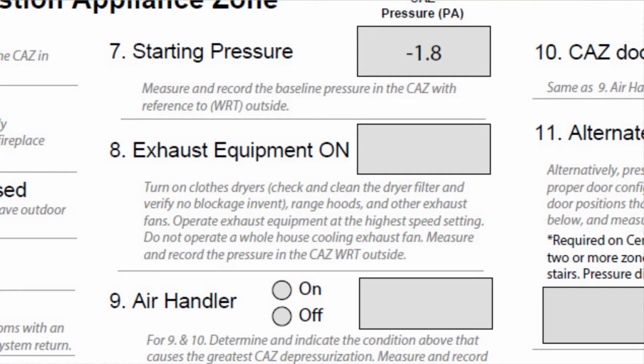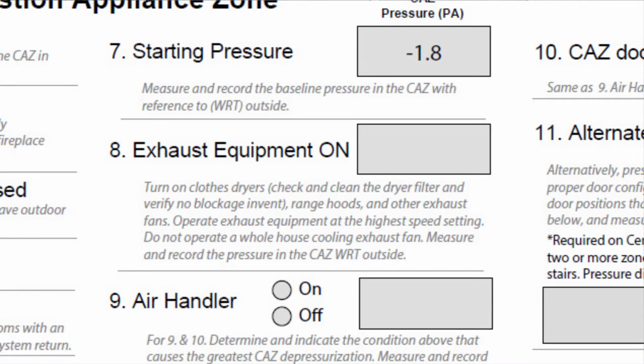So if you have any ASHRAE fans, they're set up to move like 40 or 50 CFM all the time, but if you can flip them on high, they'll kick up to like 90 CFM. You need to be turning them on high. And then it says do not operate a whole house cooling exhaust fan. If you ever run into that, you wouldn't want to operate that at all.